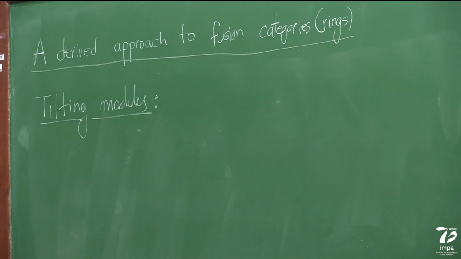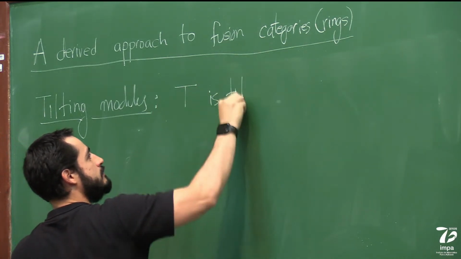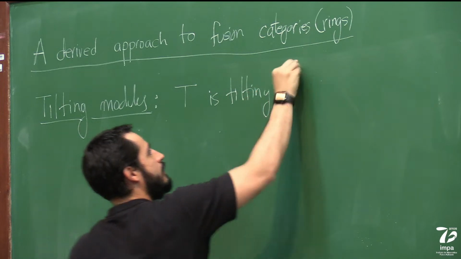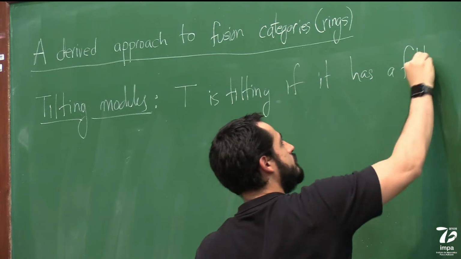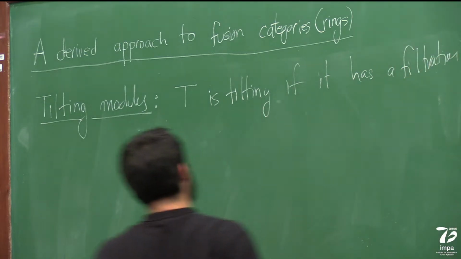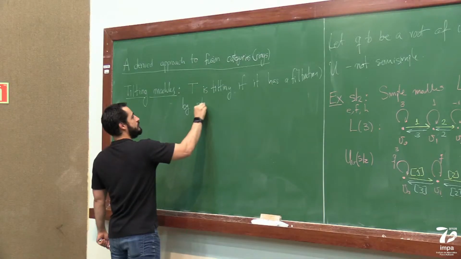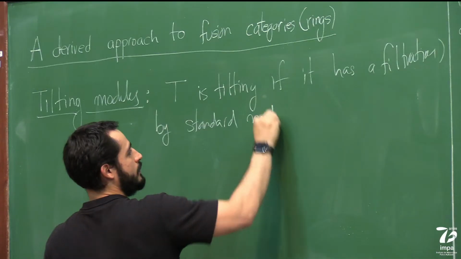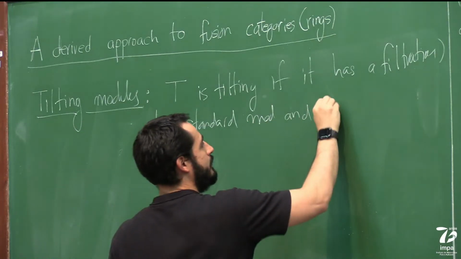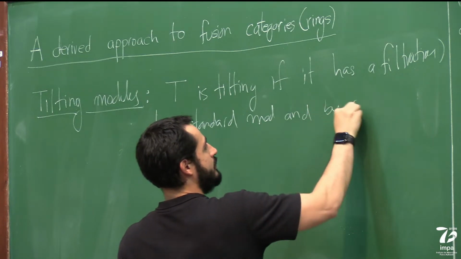So what is a tilting module? T is tilting if it has a filtration by standard modules and another one by co-standard modules.